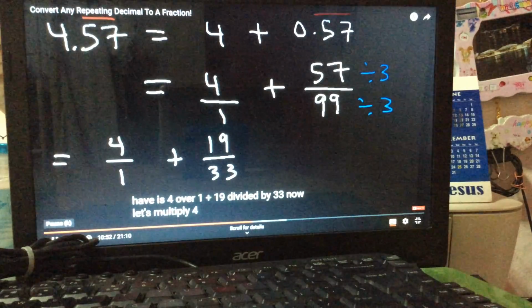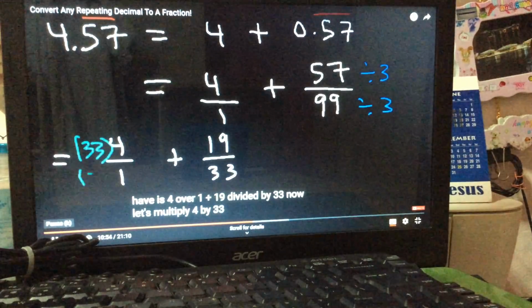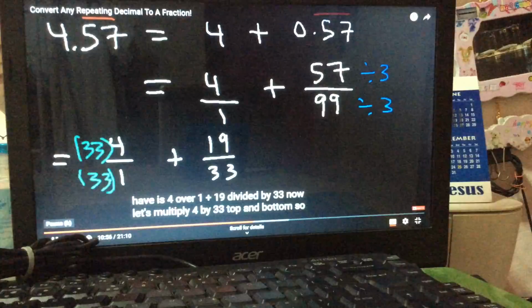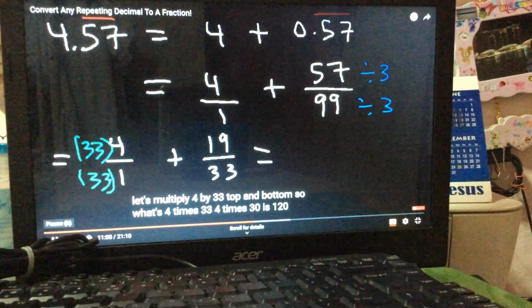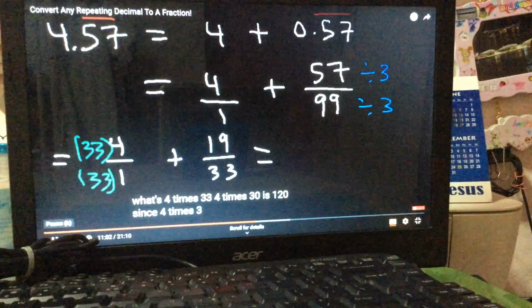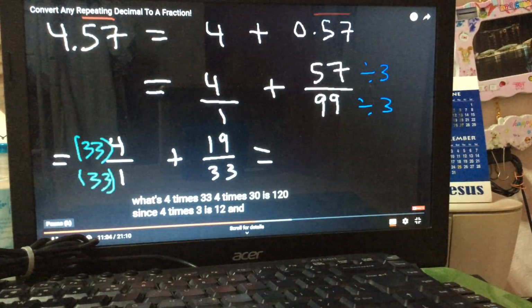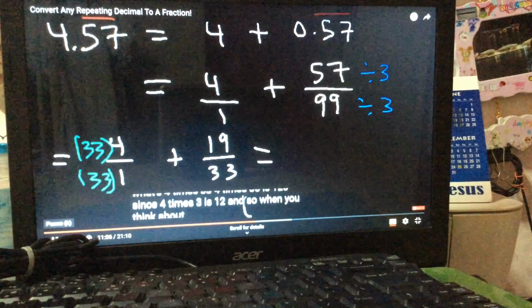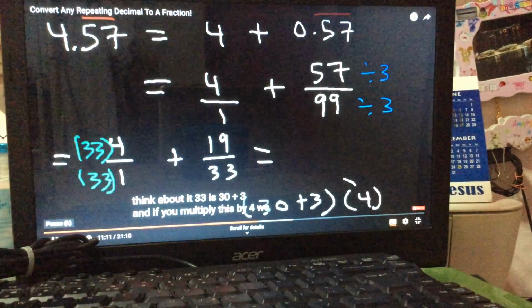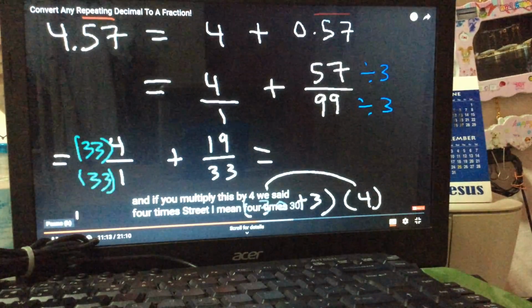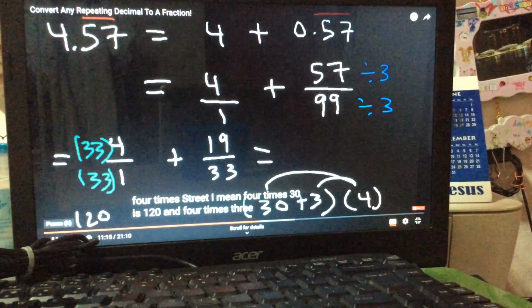Now let's multiply 4 by 33, top and bottom. So what's 4 times 33? 4 times 30 is 120, since 4 times 3 is 12. And so when you think about it, 33 is 30 plus 3. And if you multiply this by 4, 4 times 30 is 120, and 4 times 3 is 12.